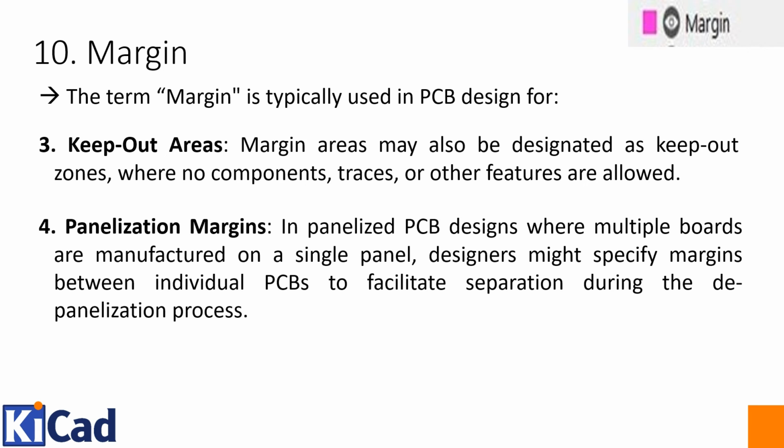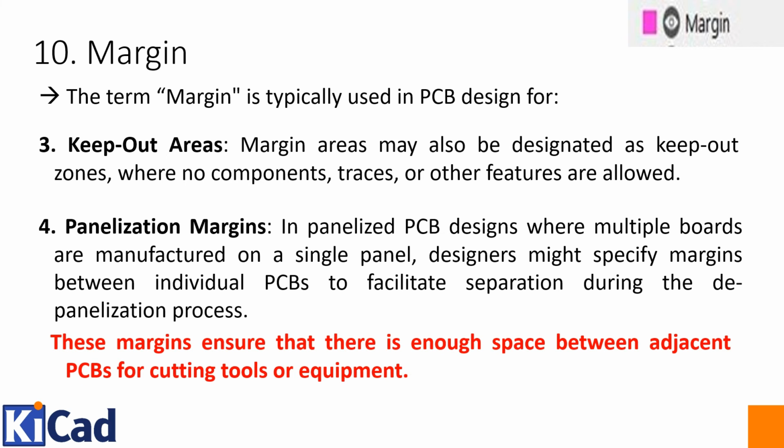Panelization margins. In panelized PCB designs where multiple boards are manufactured on a single panel, designers might specify margins between individual PCBs to facilitate separation during the depanelization process. These margins ensure that there is enough space between adjacent PCBs for cutting tools or equipment. So the margin layer helps us to make keep out areas. It also helps us in panelization of the margins.